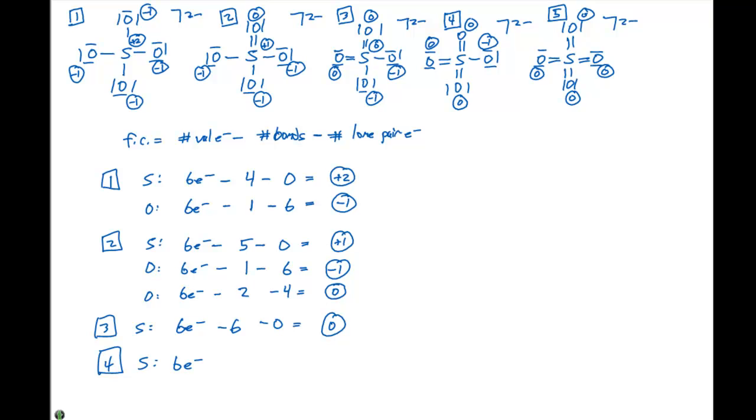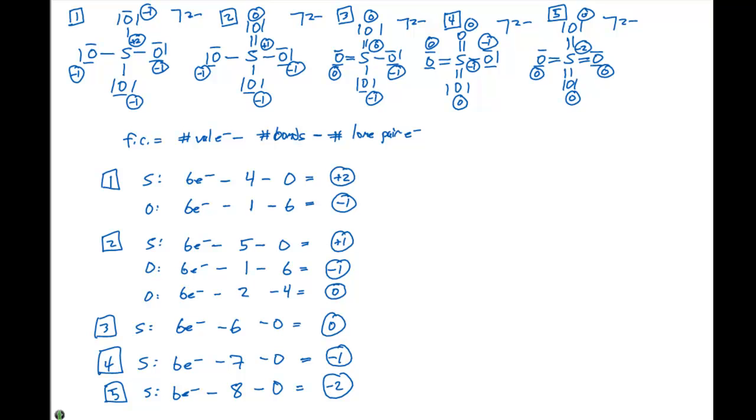There are 1, 2, 3, 4, 5, 6, 7 bonds, 0 lone pairs. Sulfur is going to have a formal charge of -1. Molecule number 5, we have sulfur again as the central atom, there's 1, 2, 3, 4, 5, 6, 7, 8 bonding electrons, no lone pairs. So this is going to give us a formal charge of -2 for the sulfur.